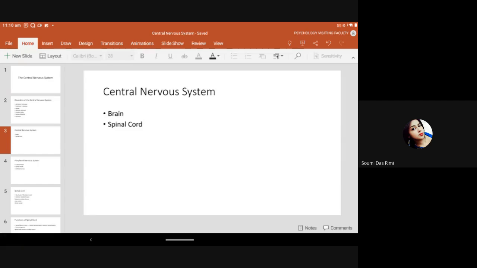Just before starting the spinal cord in detail, that means the structure and function, let me tell you about the central nervous system and what its main structures are. I told you that the brain integrates the inputs from the sensory receptors and delivers the motor output.